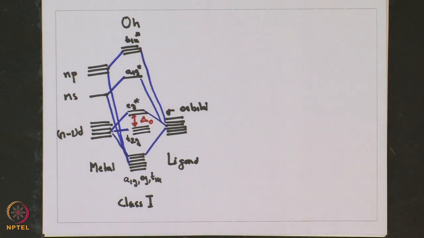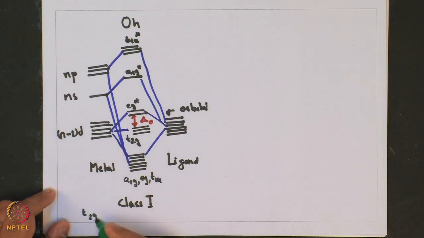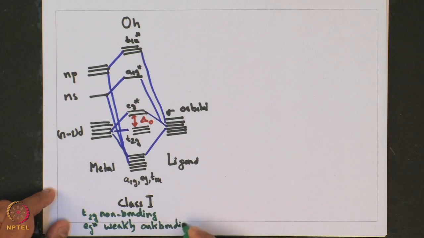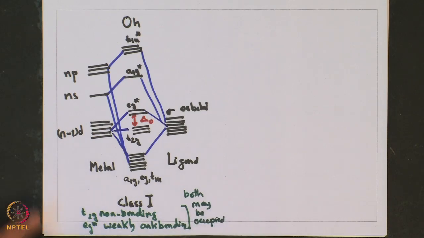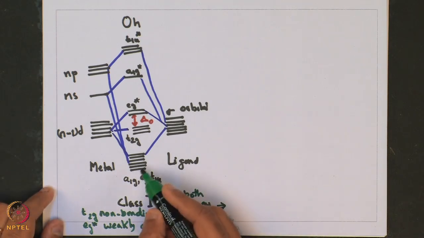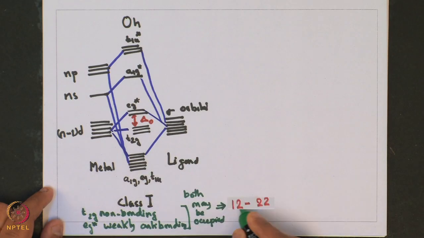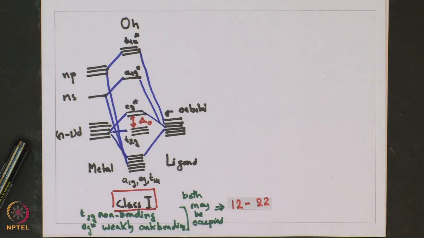It says that the T2g is non-bonding and the Eg star is weakly antibonding, which implies that both can be populated, implying further that it can have about 12 to 22 electrons, and hence the class 1 type of complexes do not obey the 18 valence electron rule.